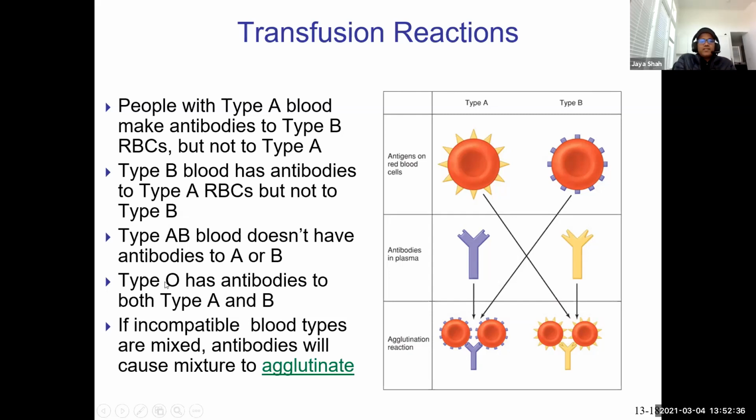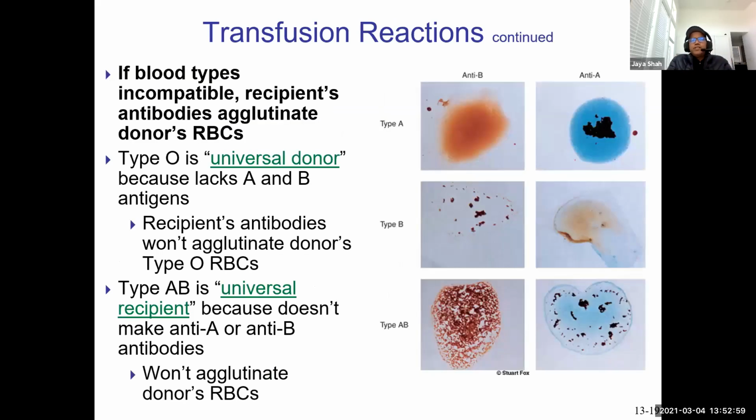On the other hand, type O blood group has no antigen. That's why it is called zero, type O. And they can contain both anti-A and anti-B antibodies. And if incompatible bloods are mixed, they can agglutinate, clump, and cause agglutination and kill the red blood cells.